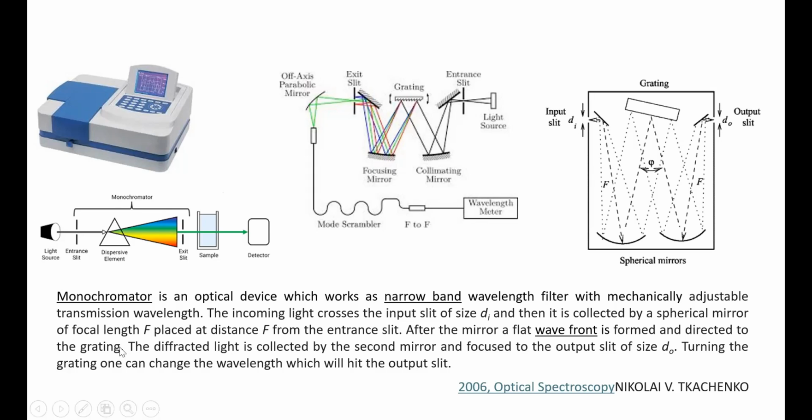Out of that, the desired wavelength can be selected by giving an instruction here for which wavelength you want to work with, and then only that component will be selected. Here you are seeing only the green portion of light, and to a specific wavelength you can select, which will pass to the sample. Then the absorbed light, the transmitted light, or directly the concentration, whatever command you have given to the instrument, will be analyzed by the detector and displayed.